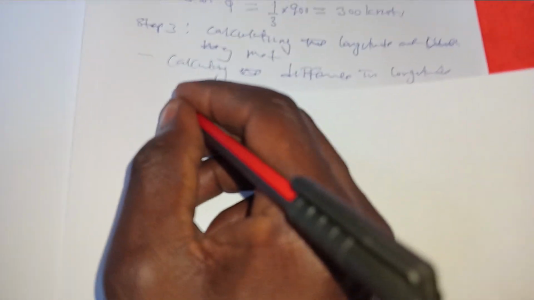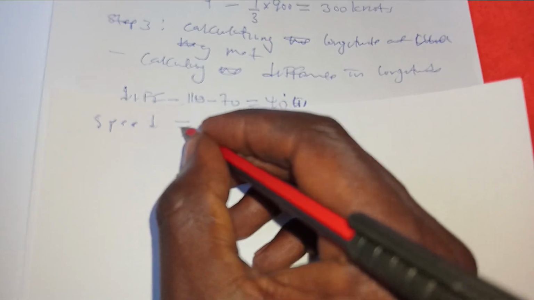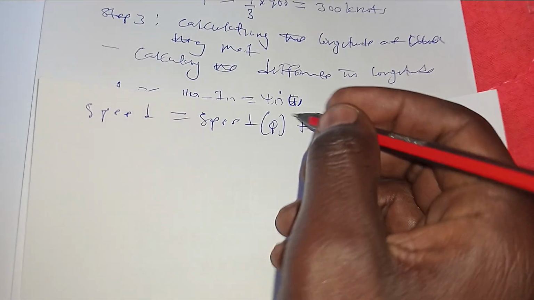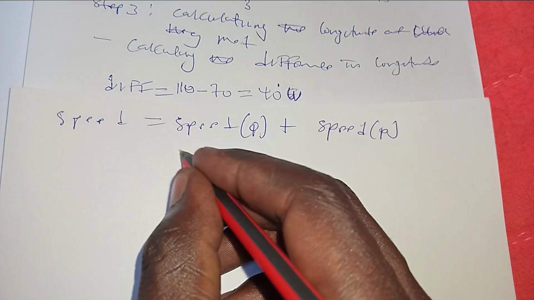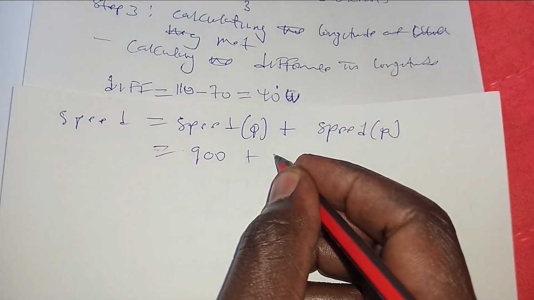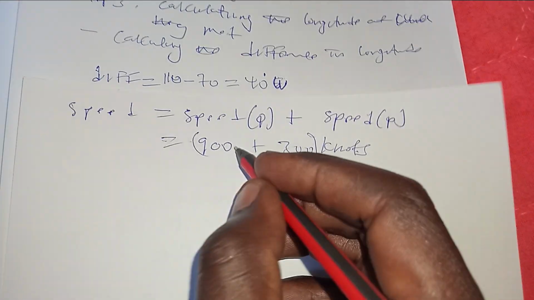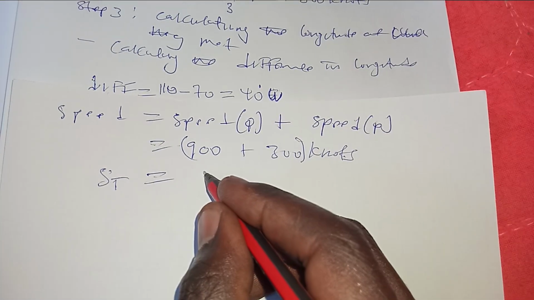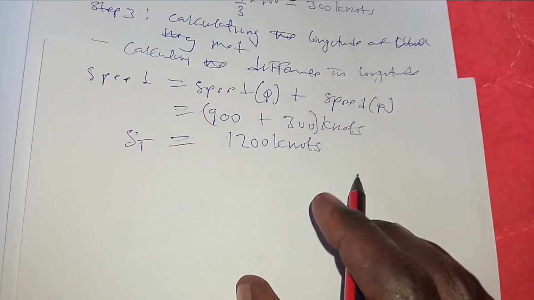Since we know that the total speed is equal to the speed at Q plus the speed at P, total speed is equal to 900 plus 300, which is 1,200 knots.